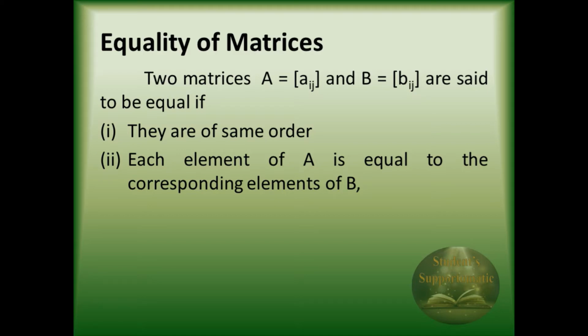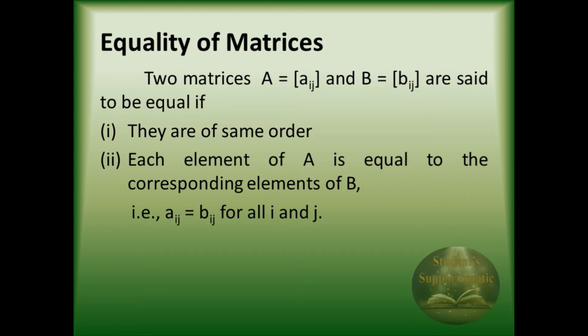element of B. So if the element in position 1 1 in matrix A has some value, that element must be the same as the element in matrix B in position 1 1. Each and every corresponding element must be equal in the two matrices.